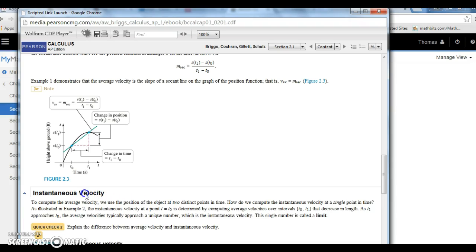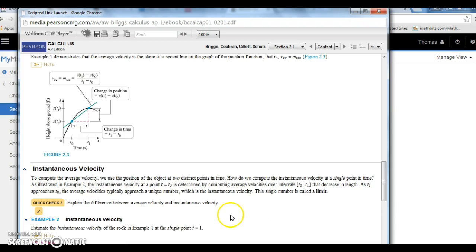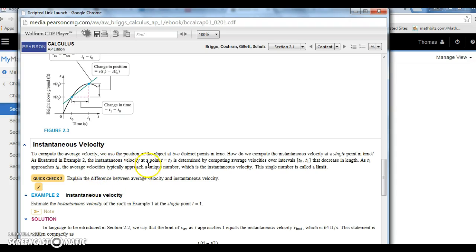Let's take a look at instantaneous velocity now. To compute the average velocity, we use the position of the object at 2 distinct points, this time and this time. How do we compute instantaneous velocity at a single point in time? As illustrated in example 2, which is below us, the instantaneous velocity at t equals 0 is determined by computing average velocities over some interval from the initial time to some specific time that decreases in length.